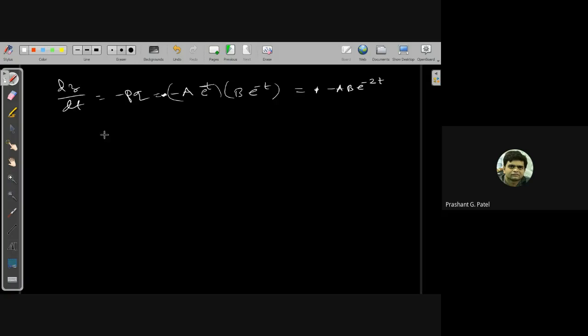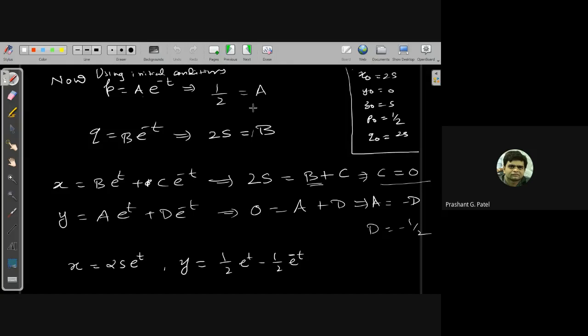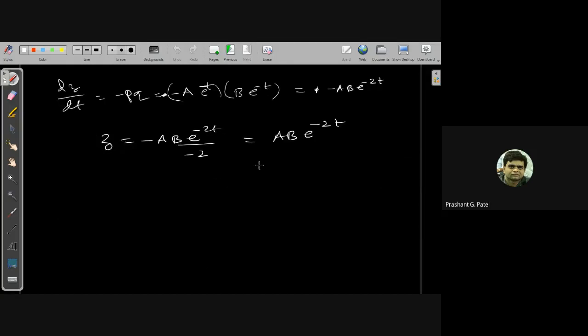If I take the integration, this will give me z equal to minus ab e power minus 2t upon minus 2. Minus minus will get cancelled. It is ab e power minus 2t by 2. The value of a and b we already have. The b is 2s, a is 1 by 2. So that's why it is s e power minus 2t. So this is the value of z.